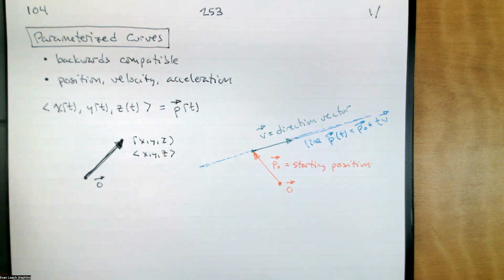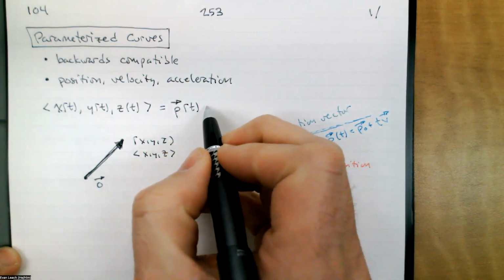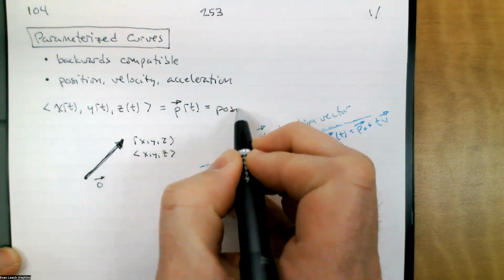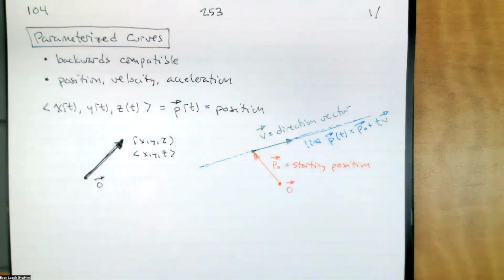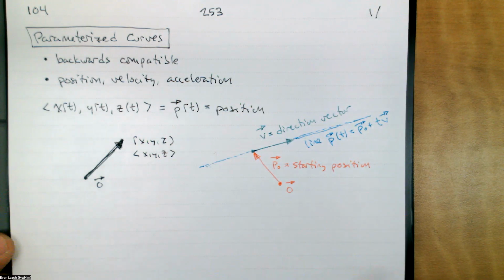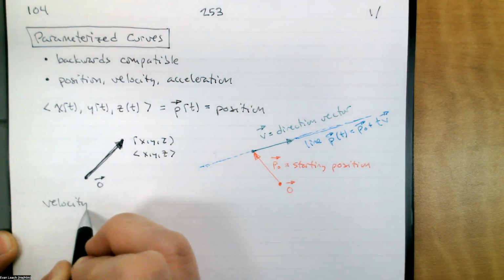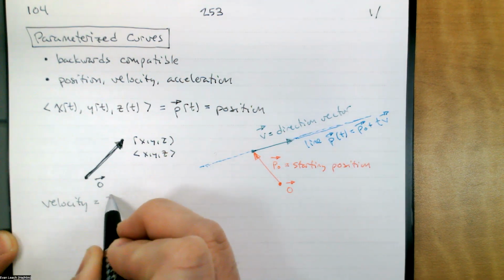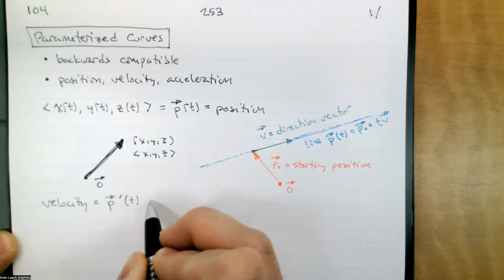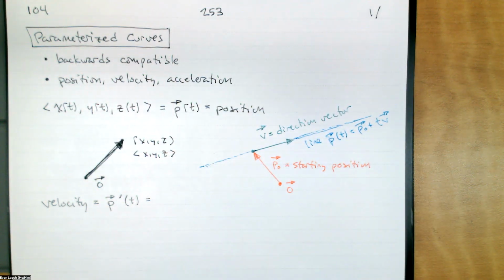So we've described P of t, we can describe a position vector. And since we have talked about these curves and their direction as they move through space, we might want to talk about the velocity, or which direction they're going. So velocity, we know, is the derivative of the position. It's how position is changing with respect to t.